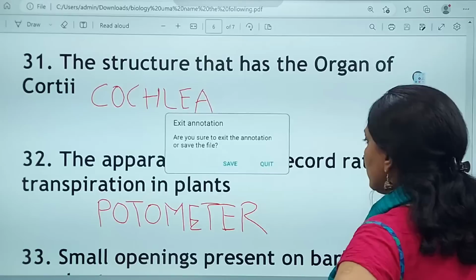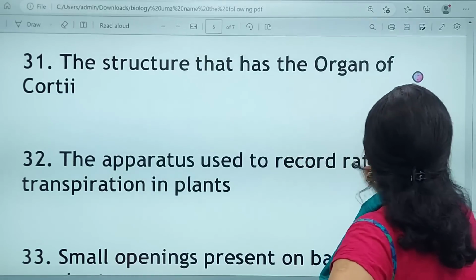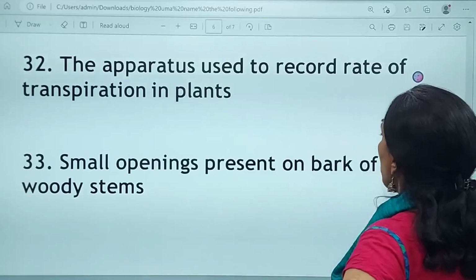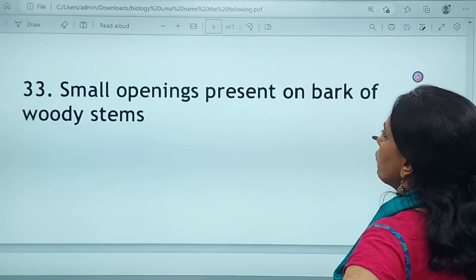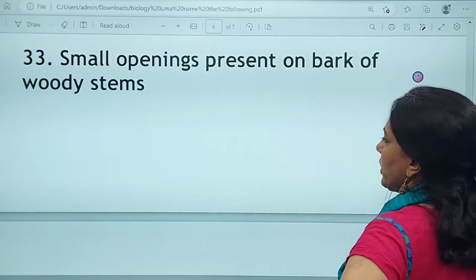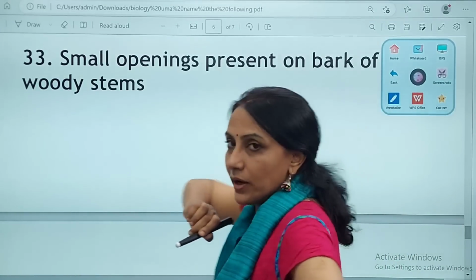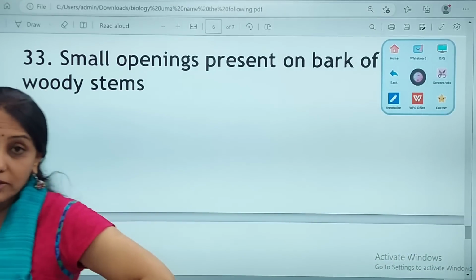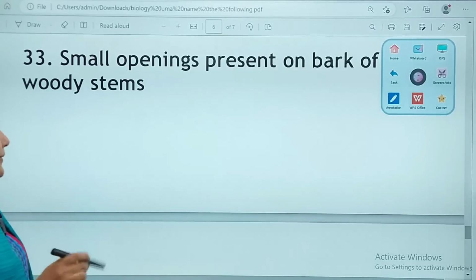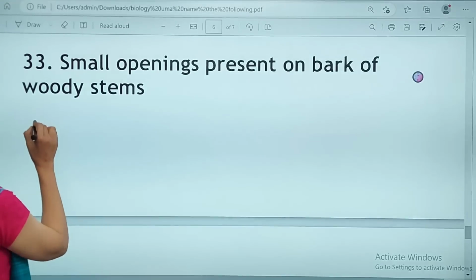Then the next one, let's go to the last three now. Small openings present in the bark of woody stems. What are those small openings present in the bark of woody stems called? Are they called stomata? No, they are called lenticels.